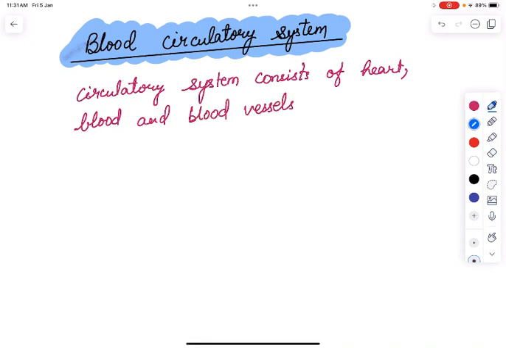In the blood vessels, we can see arteries, veins and capillaries.